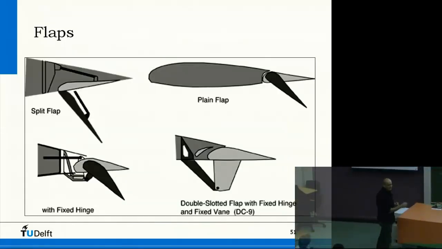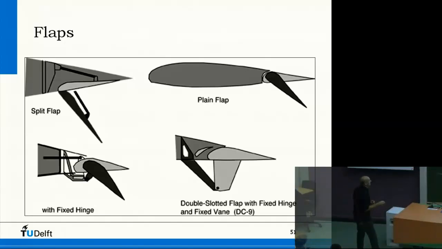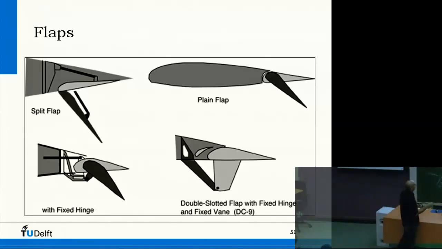Several types of flaps here: the split flap, where the upper surface stays constant and this just comes out of the lower surface. You have a plain flap, like we discussed on the previous slide. We have one with a fixed hinge somewhere here, and then a double slotted flap with a fixed hinge. I mean, here is a slot. When you deploy it, then here is a slot and there is a slot.